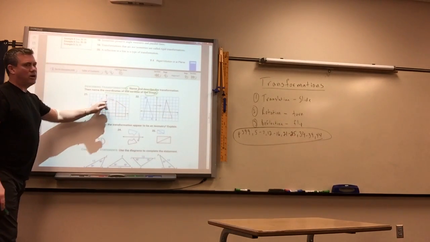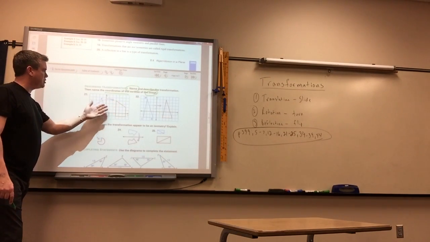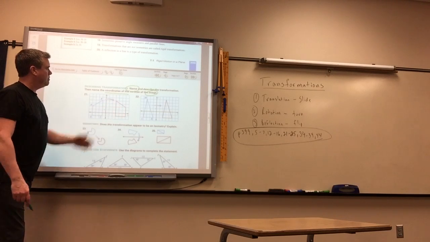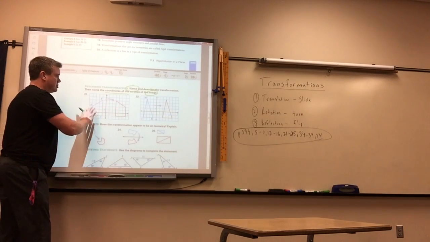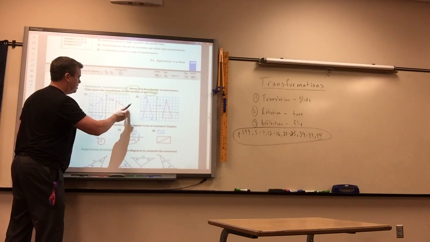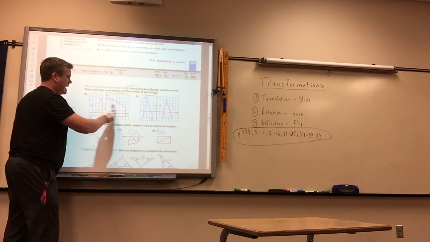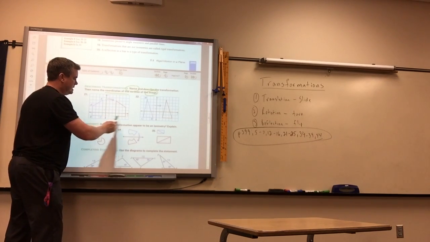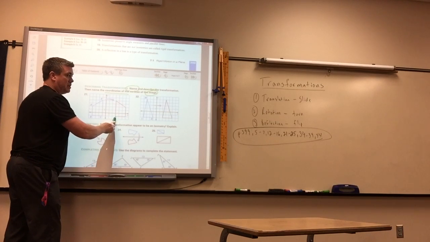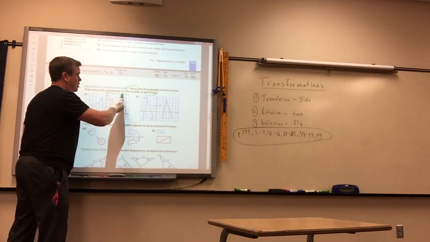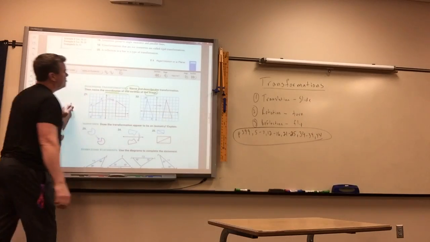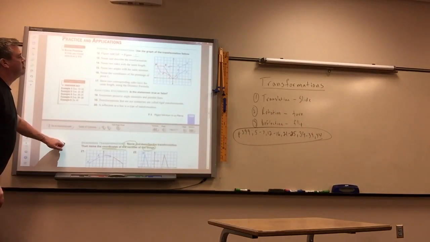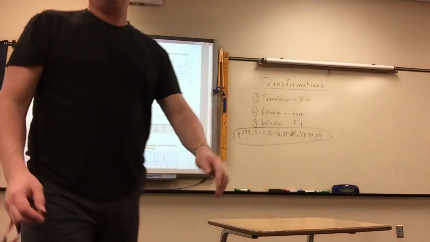So it shows an arrow which way it's going. So this is the original, this is the image. So you got to say, since this has been flipped, A prime would be there, B prime would be there, and C prime would be there. So you got to list the coordinates of that. Okay?